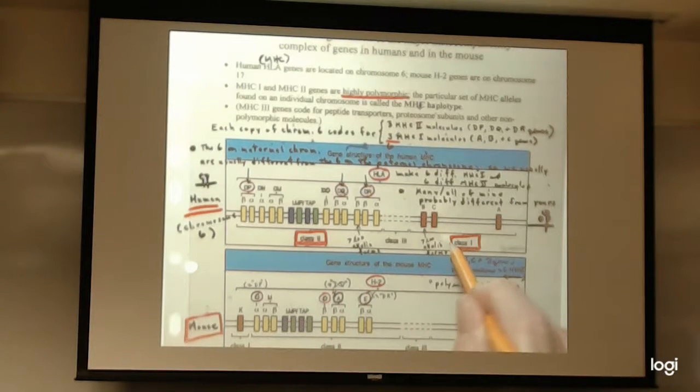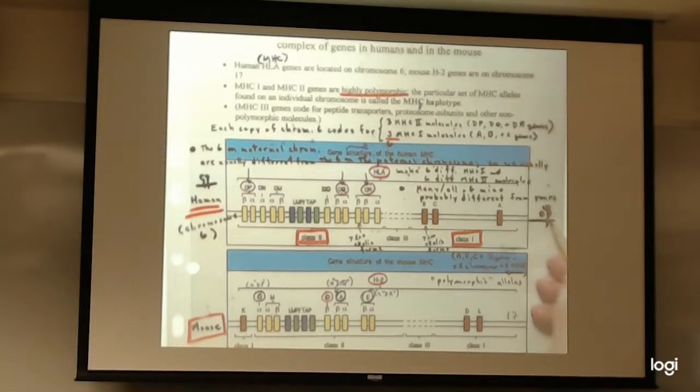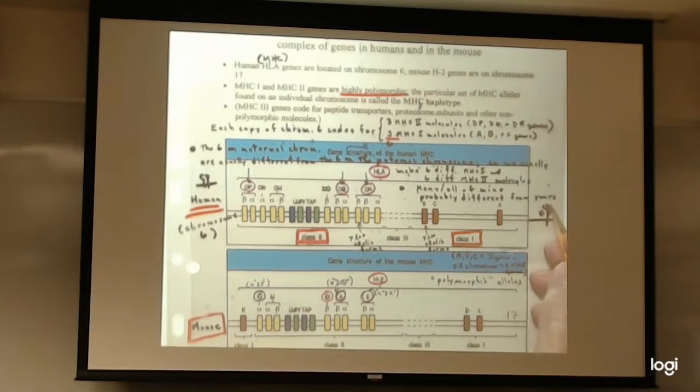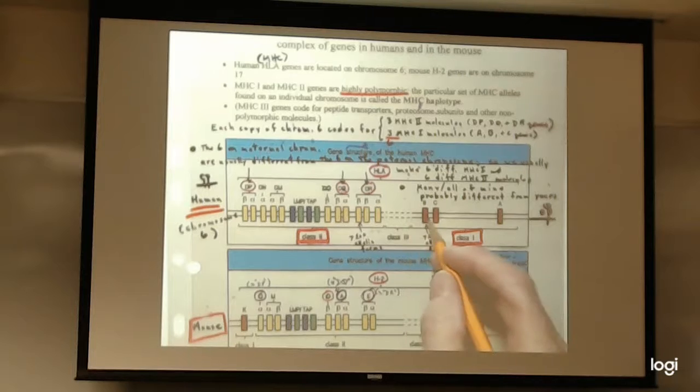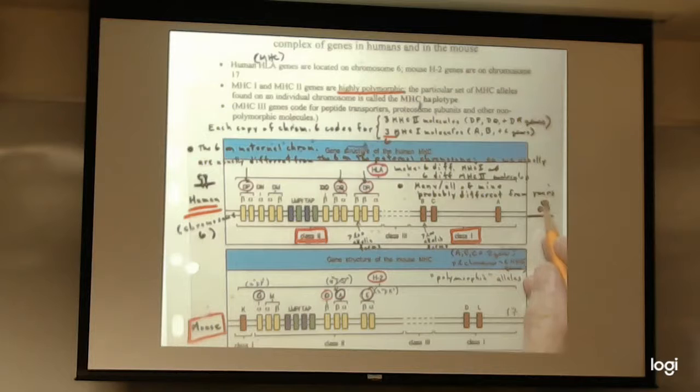Remember the class 1 molecule has one transmembrane segment and a supporting domain, and then a little platform domain where the peptide is going to rest. That's what these 3 genes code for, the major component of a class 1 protein. There's a little smaller component that interacts with the base and props up the platform.